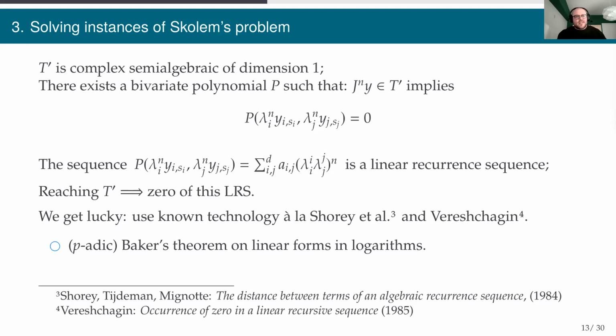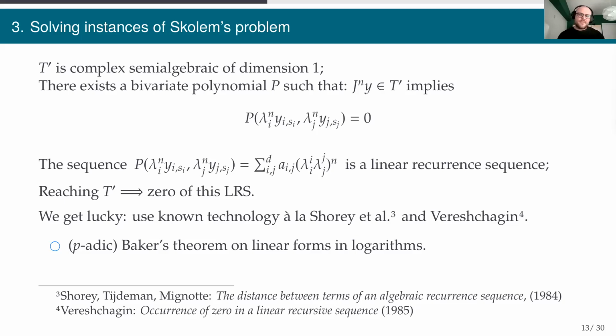So we're deciding Skolem's problem. In this case, we get lucky. We can use known technology for solving Skolem's problem, in particular solving the dimension 4 Skolem's problem. Indeed, we show that you can decide it.